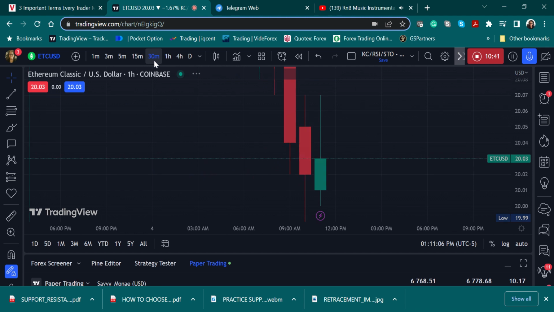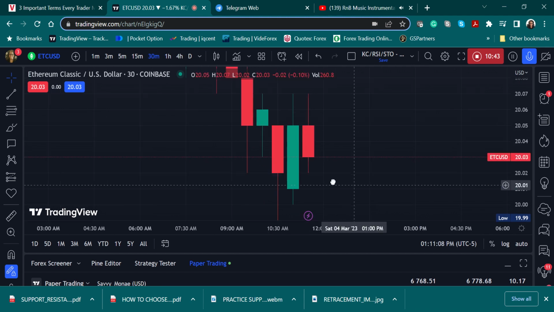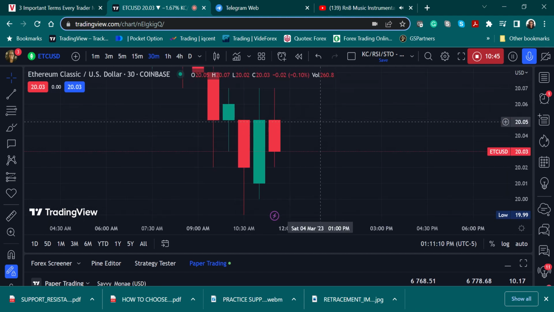And if we go to 30 minute, as you can see, price opened here with a bearish candle. It moved so quickly, opened here, creating a real body, came all the way down, pulled all the way back, closed, and this is the real body.